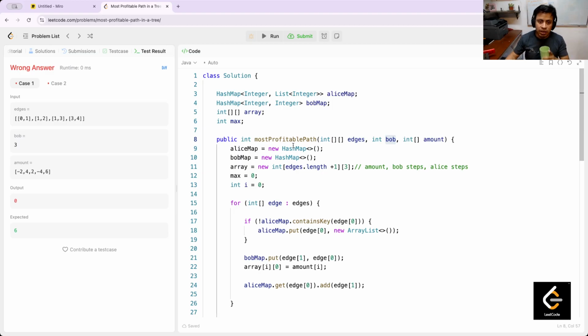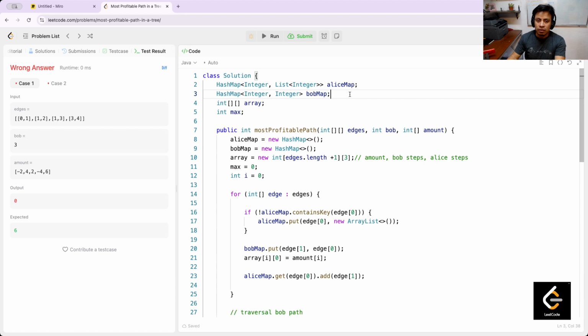One explanation of my code is that I have two maps. The first map is Alice's map, and the second is Bob's map. What is the difference between both? Basically, in Alice's map the key is the current node and the value is the children of this node. For Bob, it's the opposite: the key is the node and the value is the parent.